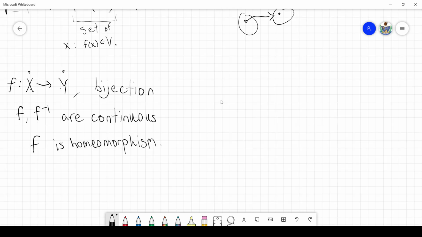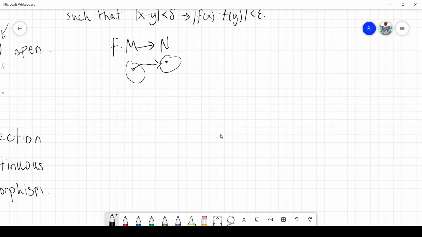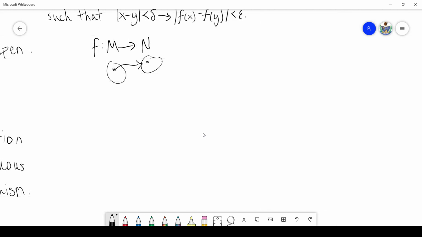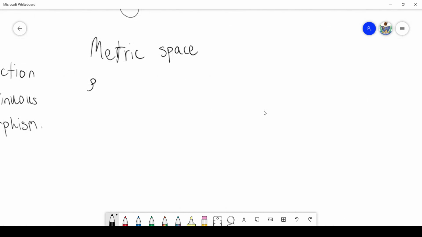All right, so now let's talk about special topological spaces. First is a metric space, which Euclidean space is one. So a metric is a function which takes in two elements of the set X and outputs some real number, which is the distance. And it satisfies three properties.